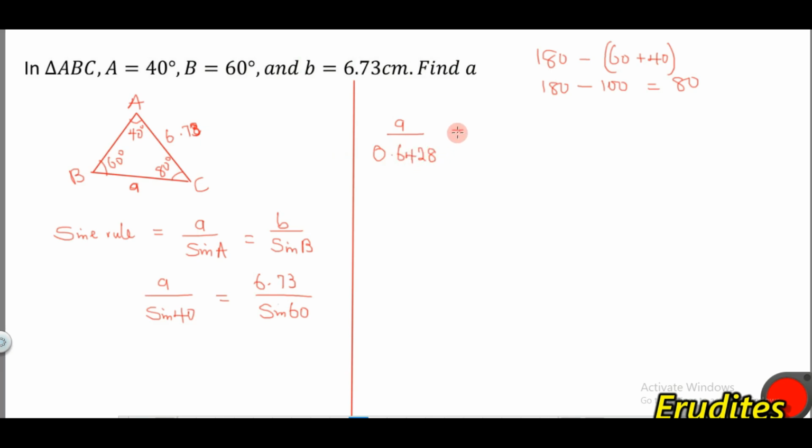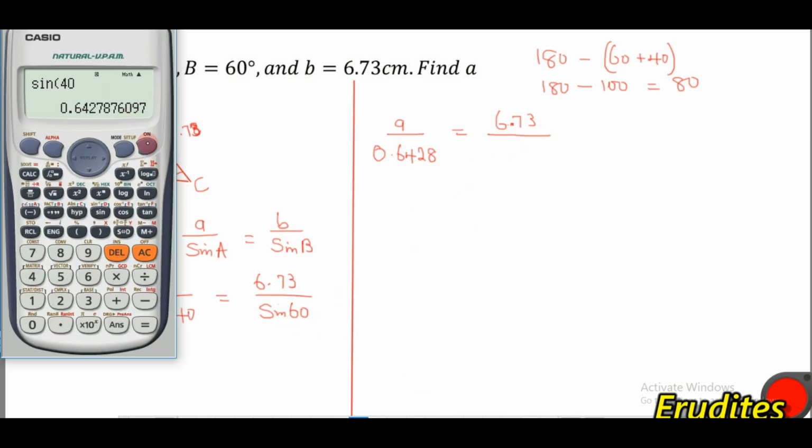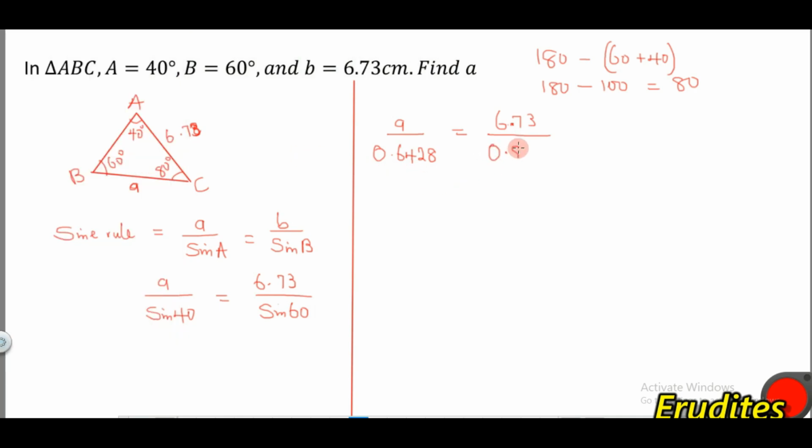So a over 0.6428 is equal to 6.73, which is this 6.73 that I have here, over sine 60. So I'll bring out my calculator again and press sine 60. Sine 60, I'll press this to convert it to decimal, is 0.8660.